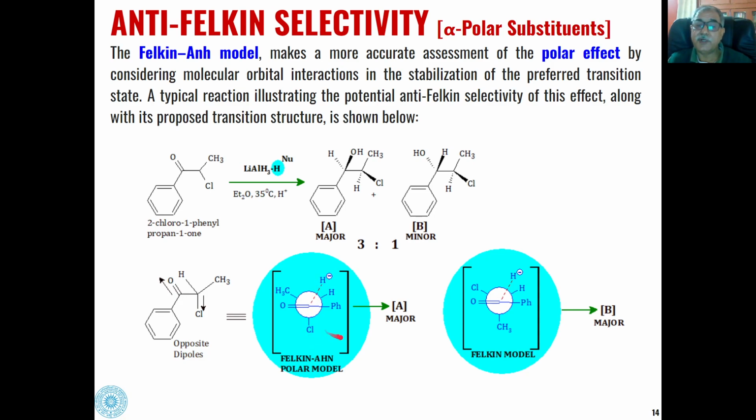So that is why here the major product is formed with anti-Felkin selectivity, whereas the ratio of formation of these is 3:1. So 25% of this product is formed with the Felkin model, and 75%, the major product, is formed with the Felkin-Anh polar model.